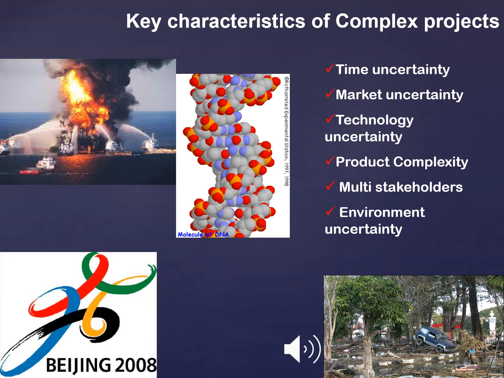Another type of complexity associated with products is what we call technological uncertainty. That is basically how we do it. How do we do this project? How do we do this drug or this vaccine? Associated with this, it may also be the case that we know how to do it, but there are too many ways of doing it.